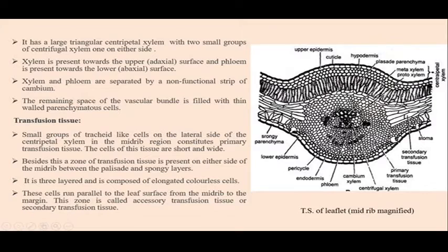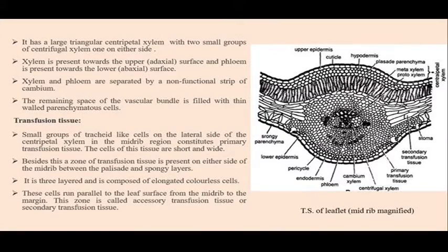Here you can see this is the triangular centripetal xylem. These two small patches represent the centrifugal xylem. These cells represent the cambium, and here is the phloem. So it has a large triangular centripetal xylem with two small groups of centrifugal xylem, one on either side.